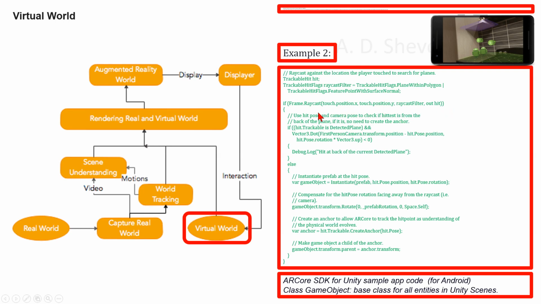If the user taps a plane or surface oriented points, then ARCore pawns object is instantiated at the trackable hit.